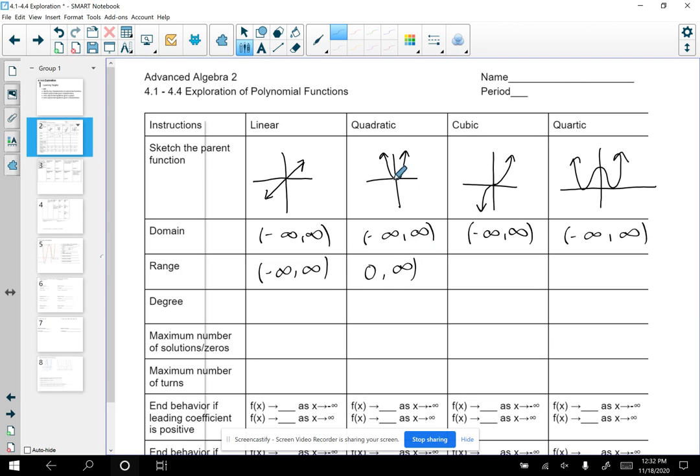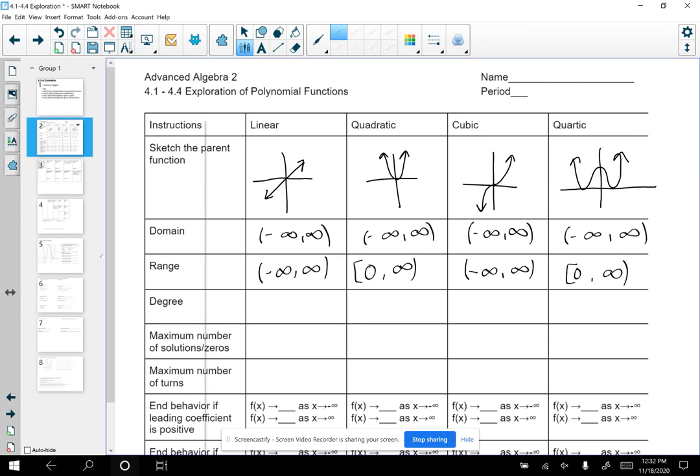And if we look at the graph, we see that it is touching 0, so it does include 0 in our range. So that's going to be a bracket. Cubic, we see it goes forever down and it goes forever up, so that is negative infinity to infinity. And quartic, much like the quadratic, it hits 0, so we're going to include that, and it goes up forever.